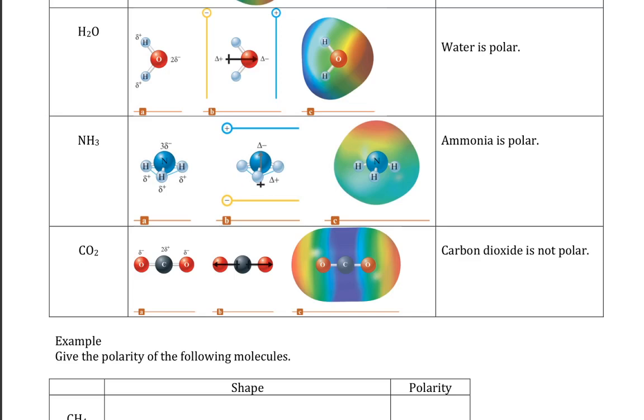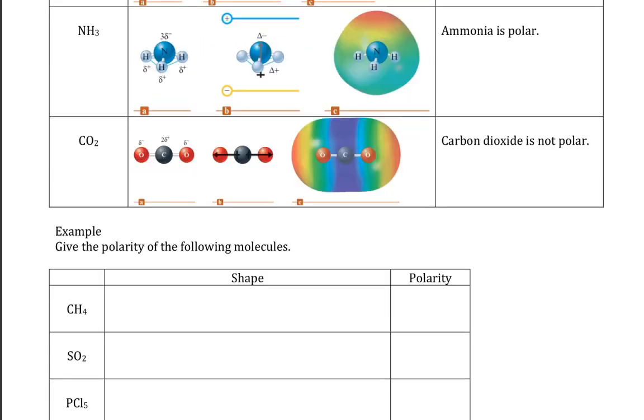So in our electric field, the H's would line up toward the negative side, and the N toward the positive side. And the arrow that is shown on the NH3 diagram, as well as on the H2O diagram, is drawn to point toward the negative side of the molecule. Okay, so N would have the red end, H would have the blue end. Ammonia, NH3, is polar.